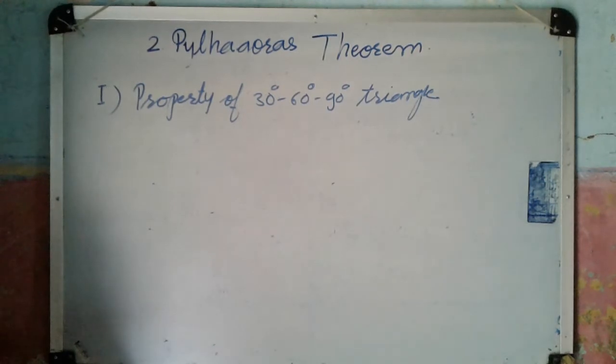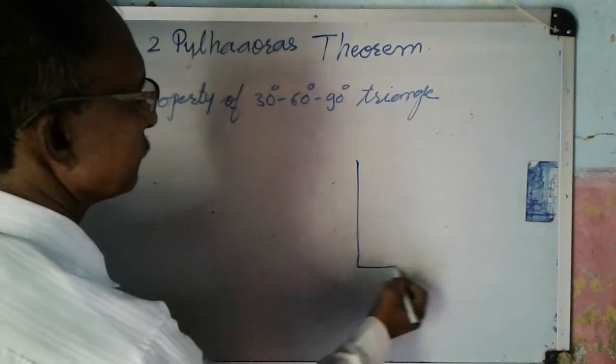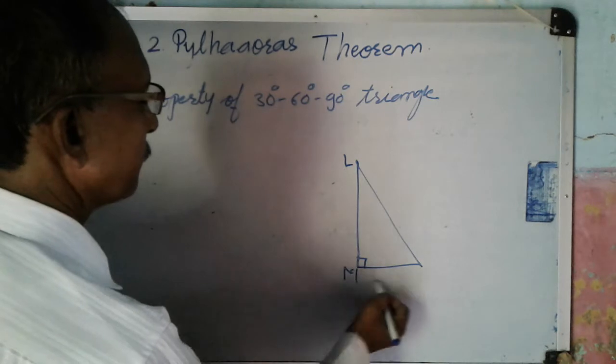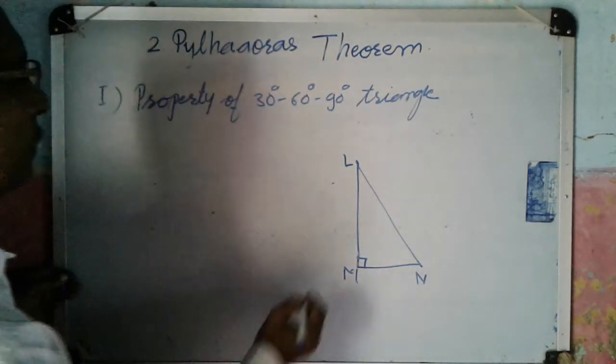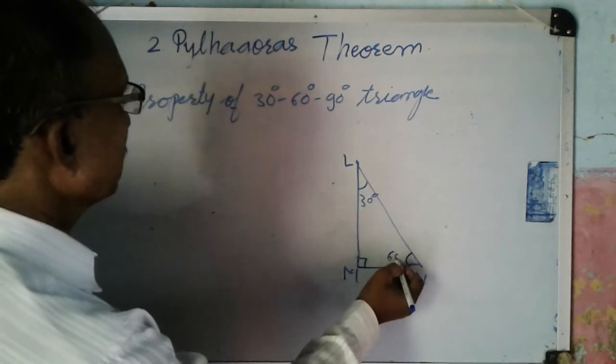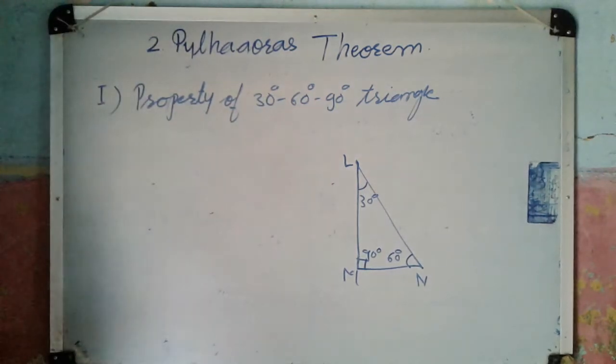Suppose LMN is a right angle triangle. Angle L is 30 degree, angle N is 60 degree, and angle M is 90 degree. So in this triangle, if the angles are 30 degree, 60 degree, 90 degree, then the side opposite to 30 degree is half of the hypotenuse.